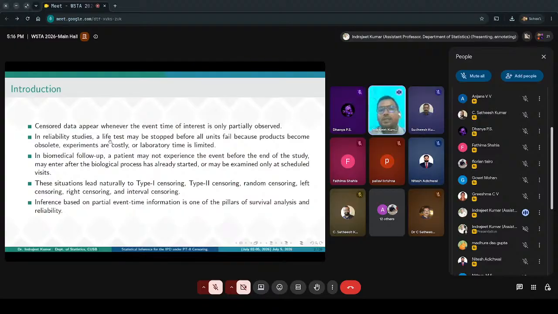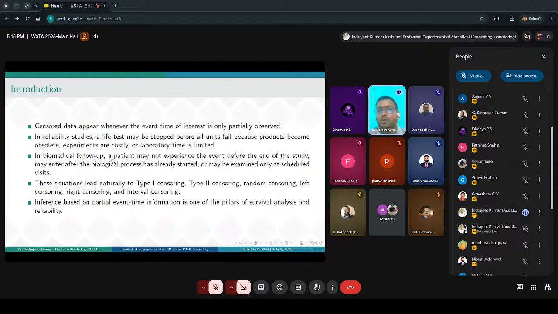In reliability studies and life testing experiments, all units may or may not fail, so this is a limitation.